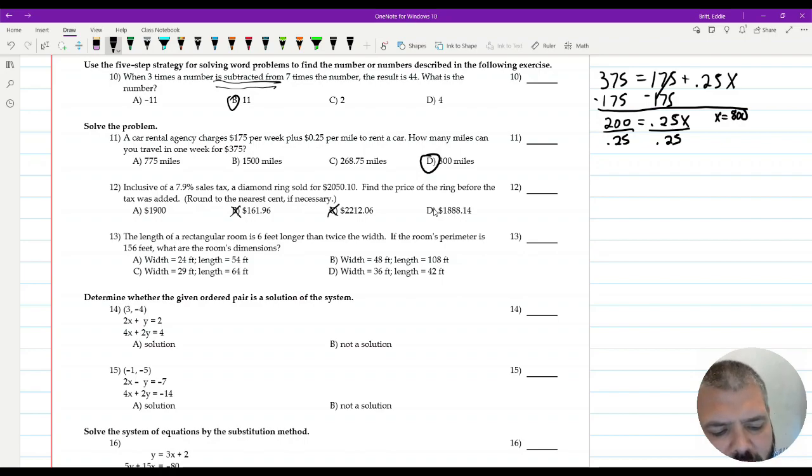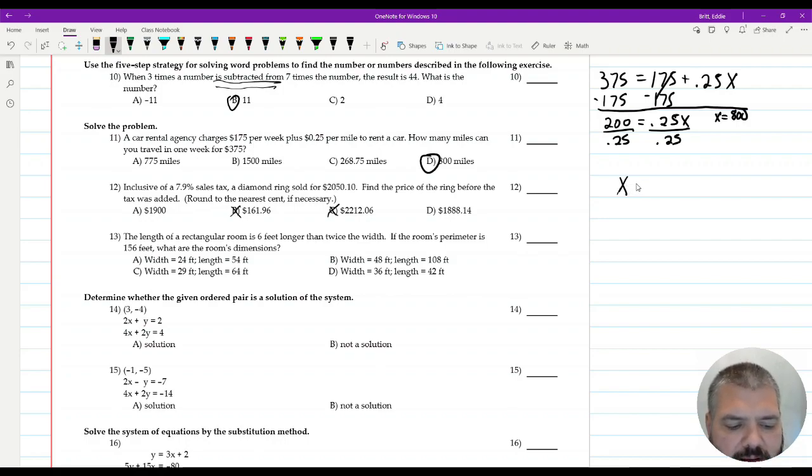The way tax works. So if I want to know, let X be the price of the ring before the tax was added. So whenever we have the price of the ring, what would we do?